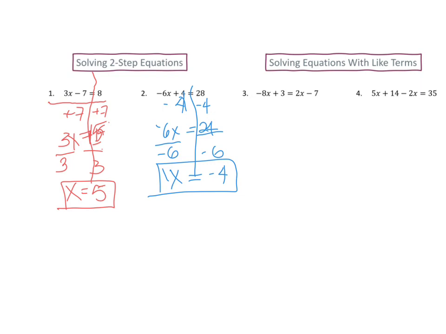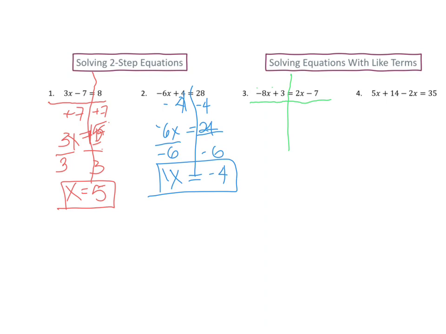All right, like terms. Here we go. Our first one, we have negative 8x plus 3 equals 2x minus 7. So again, I'm trying to get my letters on one side, my numbers on the other. I'm going to keep my letters over here on the left. So my x's are going to go there.